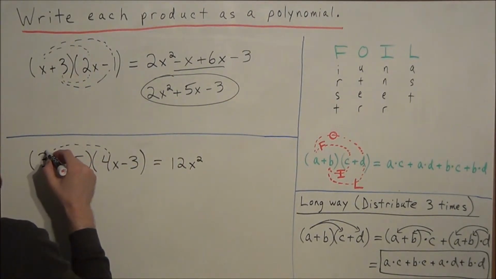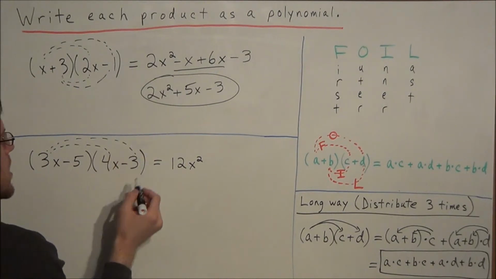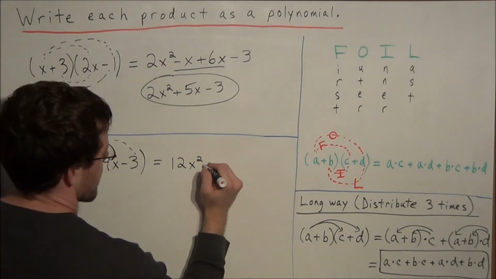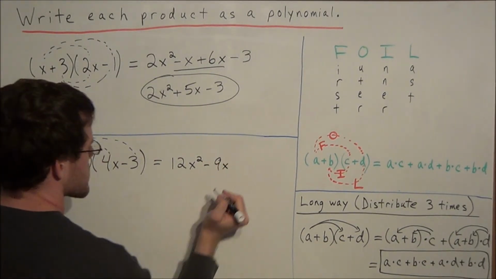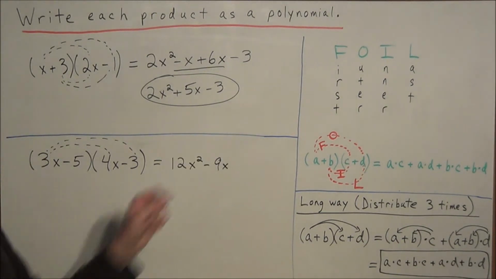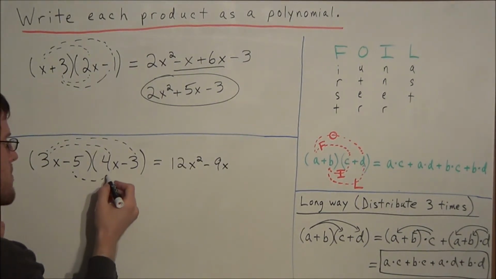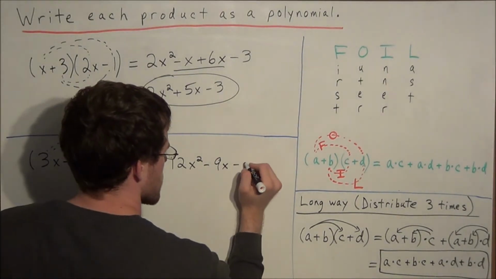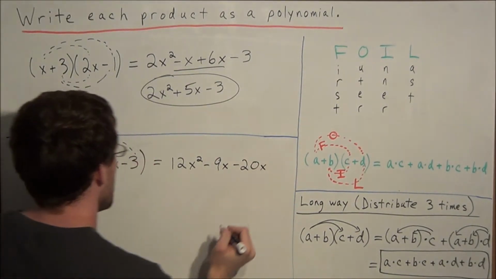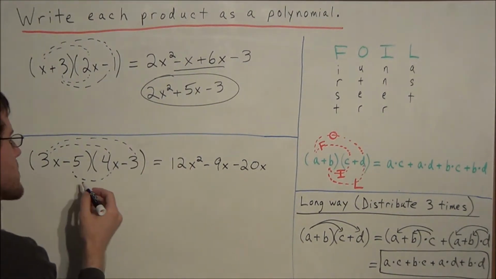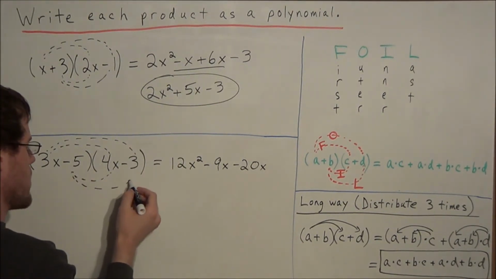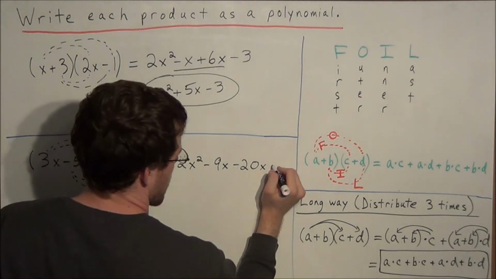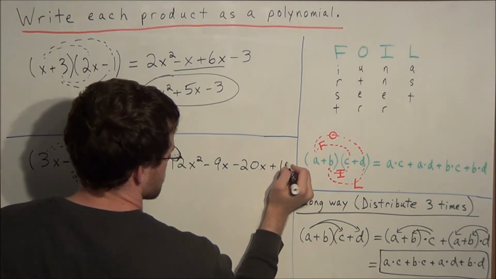So we have 3x times a negative 3 is a minus 9x. Next we're going to multiply the inner terms. We have negative 5 times positive 4x, that's a minus 20x. And finally we're going to multiply the last two terms. So we have negative 5 times negative 3 is a positive 15.